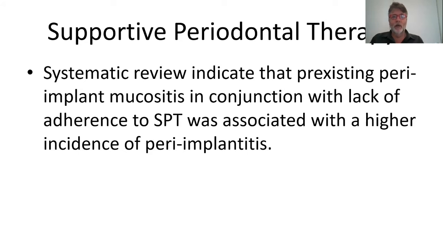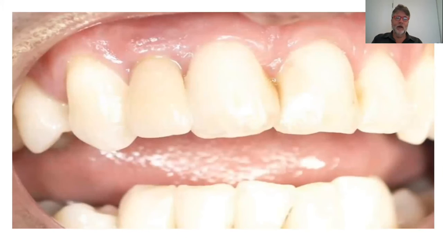So basically, this systematic review indicated that a pre-existing peri-implant mucositis, in conjunction with no supportive periodontal therapy, in other words, nothing was provided, was associated with a much higher incidence of peri-implantitis. So what this is saying is that if you provide this supportive therapy, your incidence of peri-implantitis will be reduced. So it's another indication of how important it is to have these therapies.